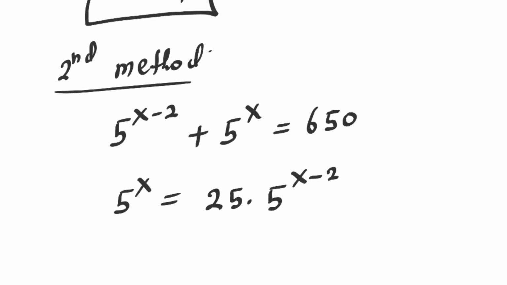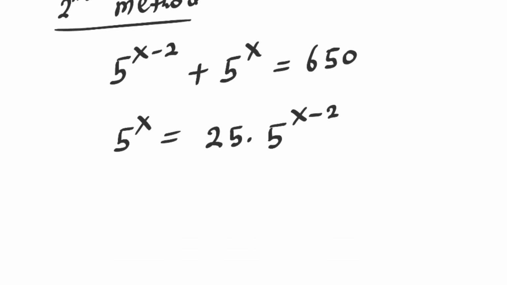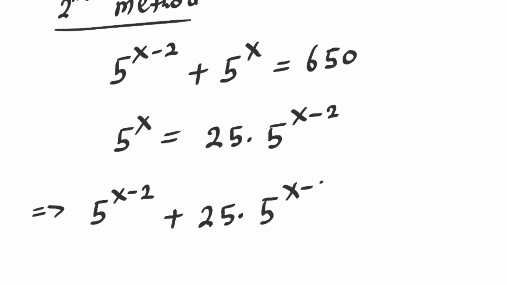Then let us substitute for 5 raised to power s here. This is 5 raised to power s minus 2 plus 25 multiplied by 5 raised to power s minus 2 is equal to 650.